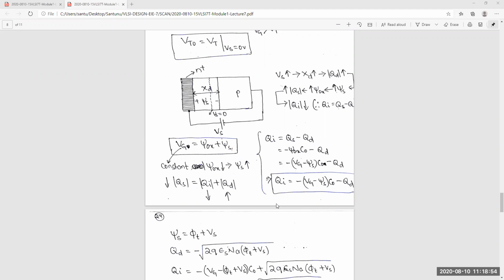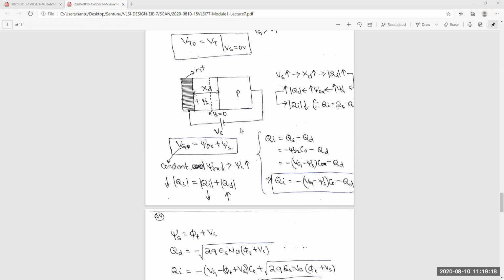In that way you can analyze it, but in this body picture, once Vs increases, Qi will decrease.